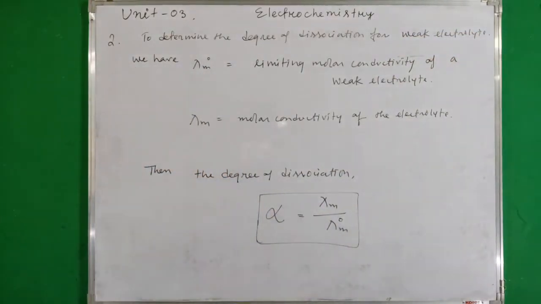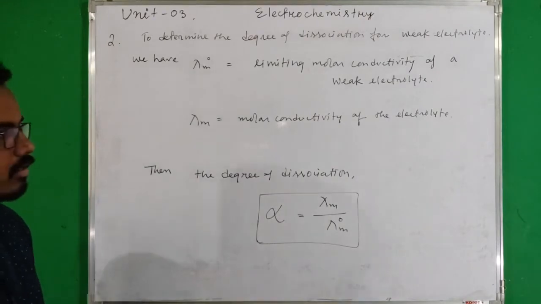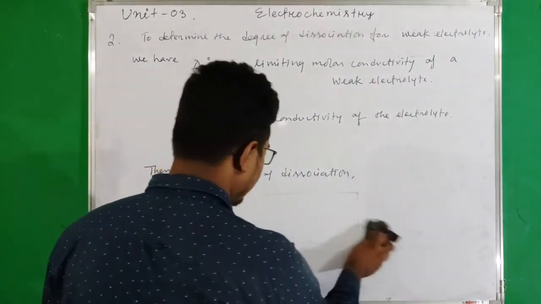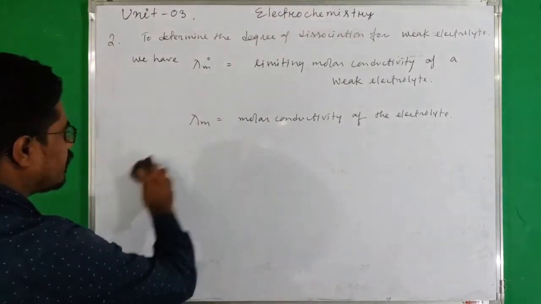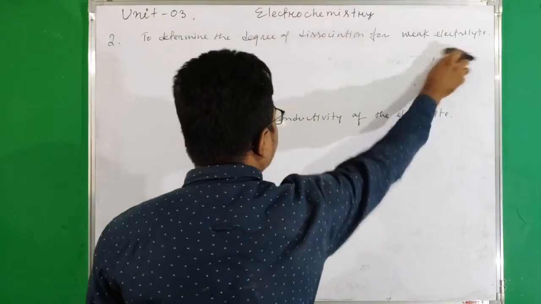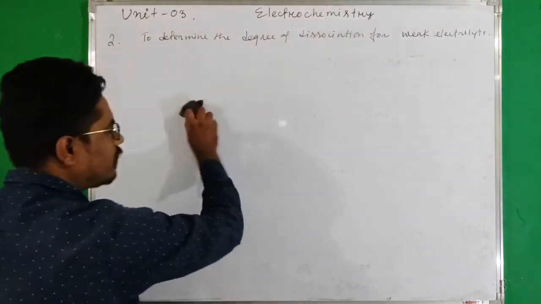So this one is another application. So using this formula, we can determine the degree of dissociation. So when we have the degree of dissociation, then we can again determine the dissociation constant for weak electrolyte.